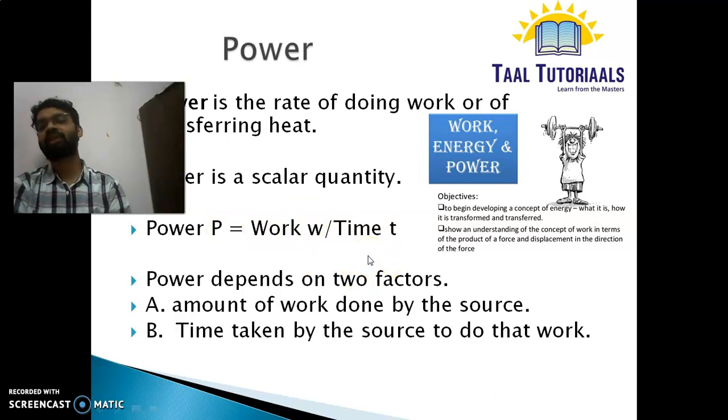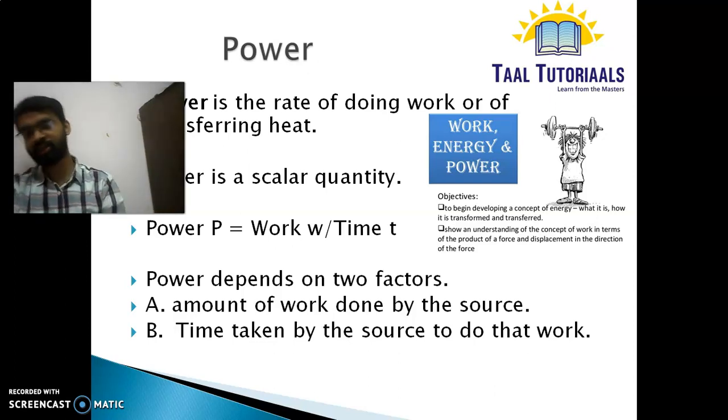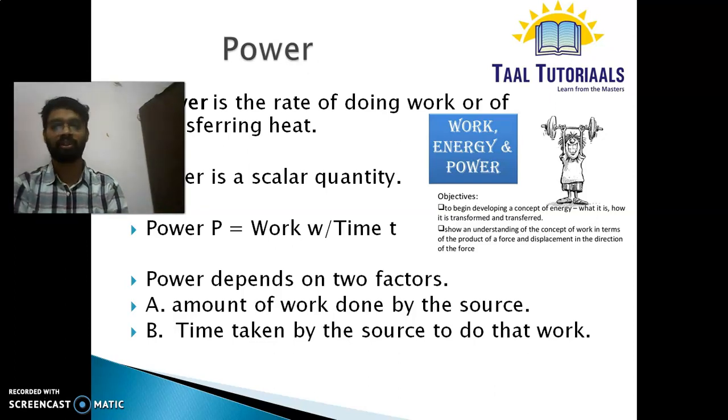The power spent by a source is measured as the amount of work done by the source in one second. Here W stands for work and T stands for time. So power is equal to work by time.